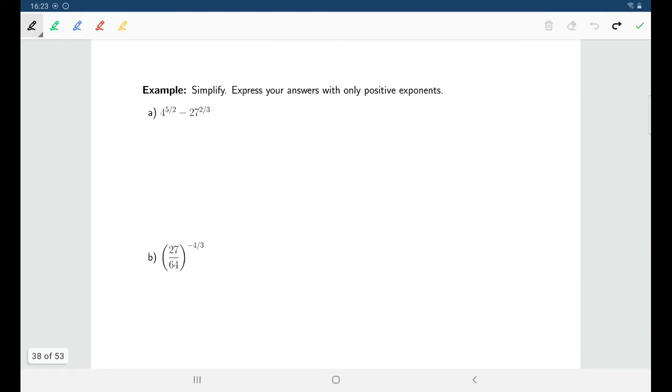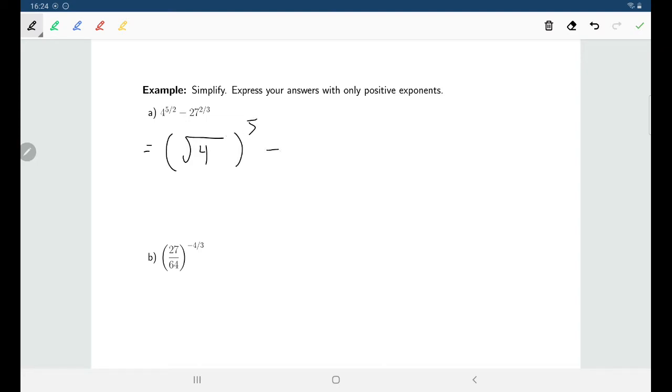All right, let's do a little bit of simplifying here. We have 4 to the 5 halves minus 27 to the 2 thirds. For the 4 to the 5 halves, the halves is square root and the 5 is the power.